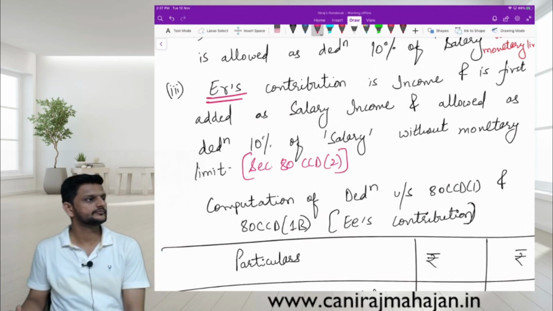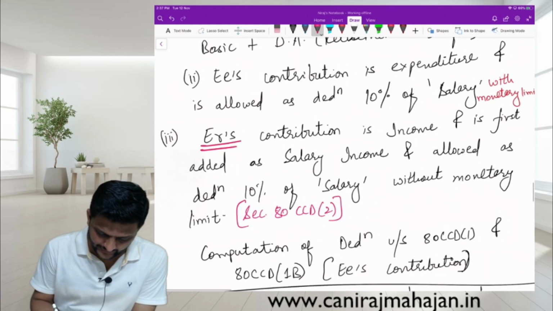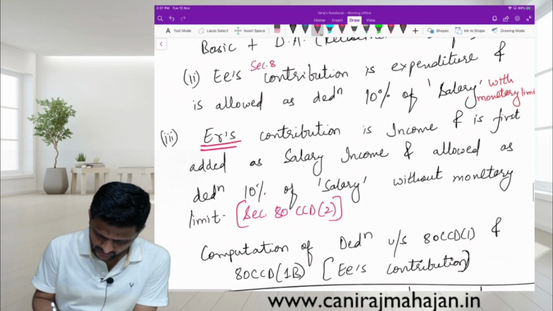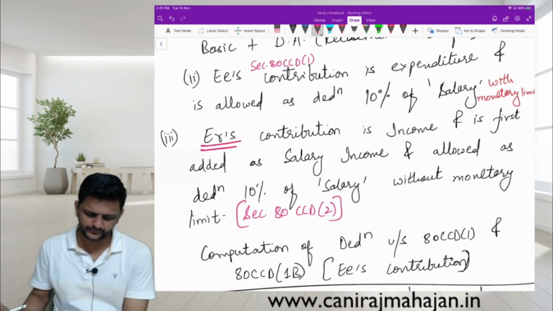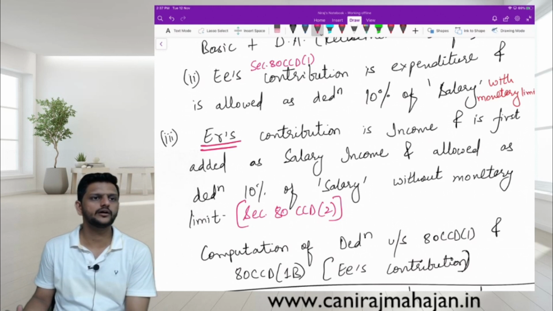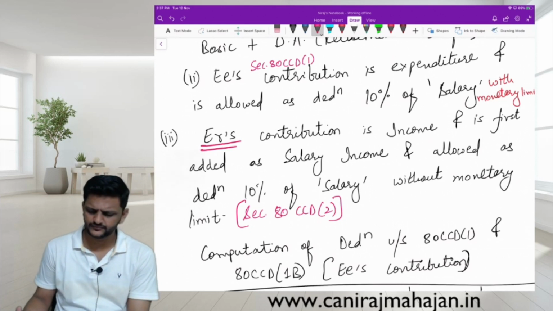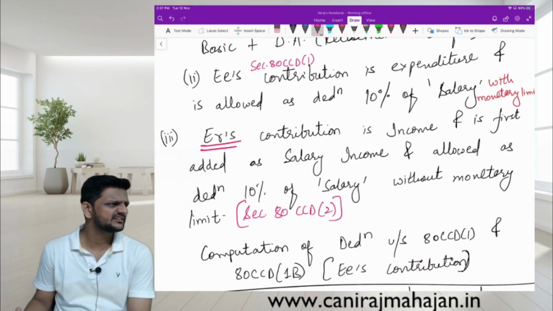Right? Over here you had 80CCD(1), correct? 10%, no? Everyone clear? 1, 1B and 2 is clear now. The tier 1, tier 2 is also clear.